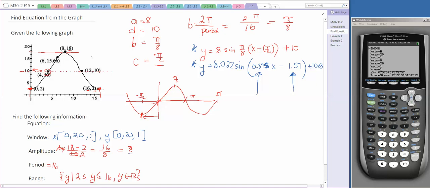Our amplitude is given where we calculated it. Our period we've calculated at 16. We can take our 0.3895 and calculate, and we'll get a value very close to 16. And we've calculated and determined our range, which will work. I am going to stop and do a second recording with the examples.